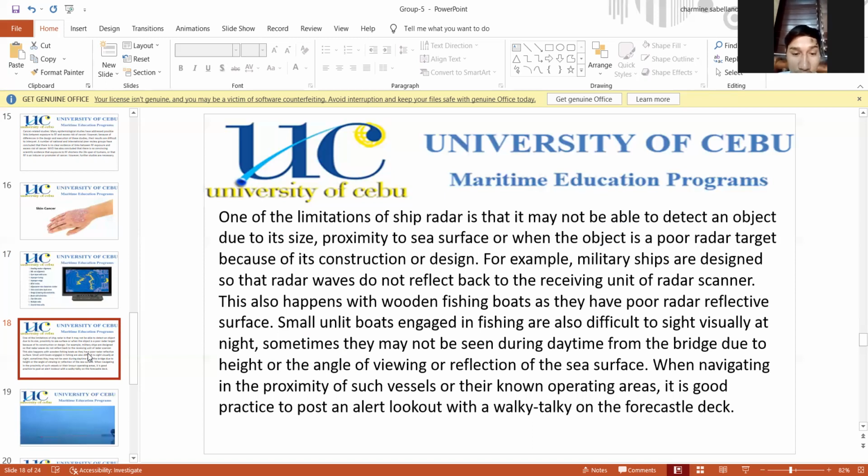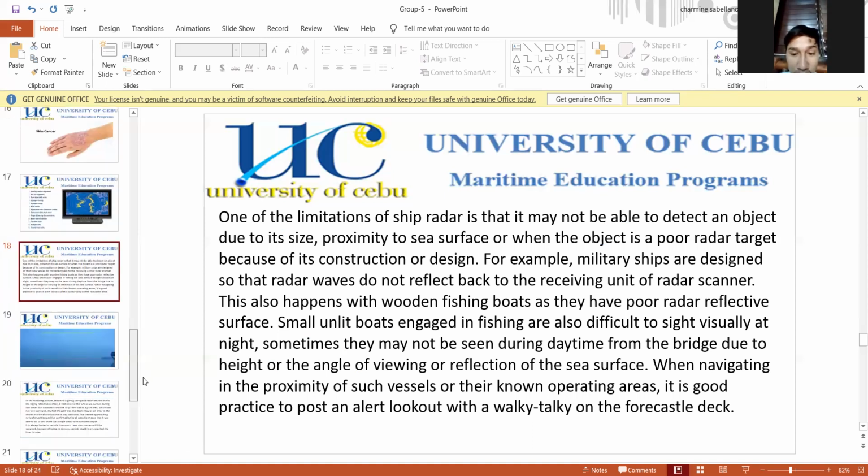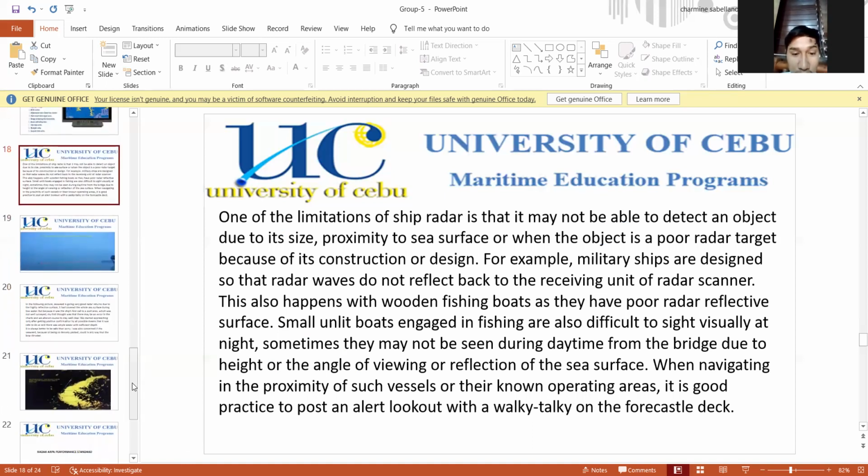Small boats engaged in fishing are also difficult to sight visually at night. Sometimes they may not be seen during daytime from the bridge due to height, the angle of viewing, or reflection of the sea surface. When navigating in the proximity of such vessels or their known operating areas, it is good practice to post an alert lookout with a walkie-talkie on the forecastle deck.